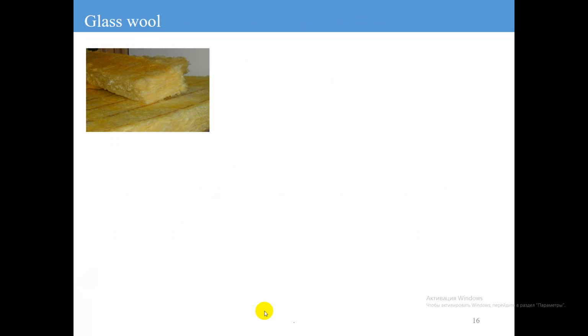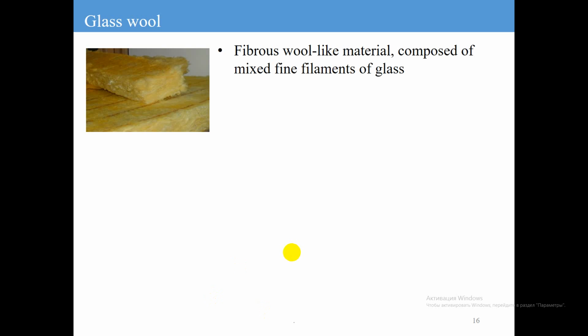Production of glass wool insulation. Glass wool can be made using a centrifugal spinner. It is a fibrous wool-like material composed of mixed fine filaments of glass, alkali-free.